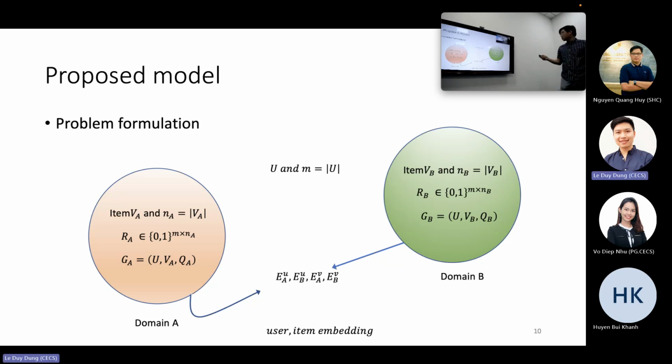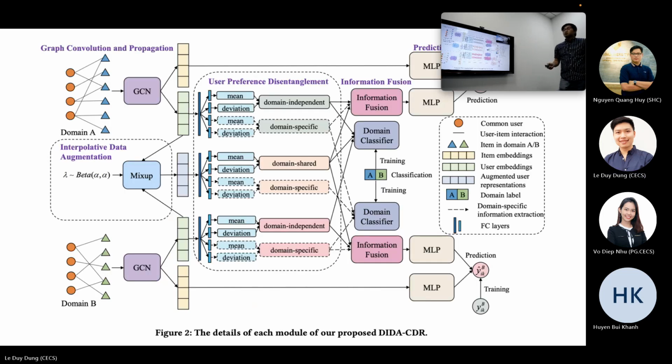So let's move to their framework. It is actually similar to a lot of other paper work. The first part is the graph convolution neural network and propagation. They have interpolative data augmentation.